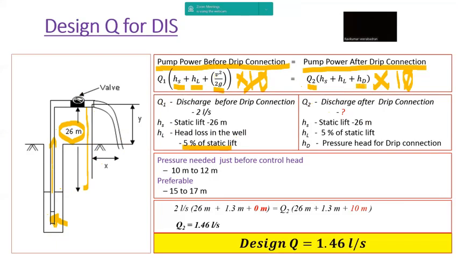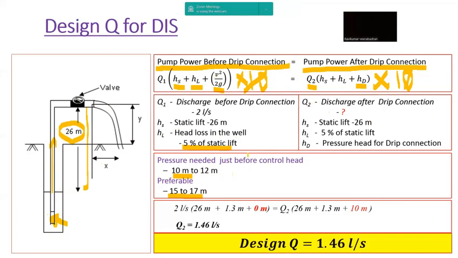Along with that, we have added one more term, the pressure head needed for drip system operation. Minimum we need 10 meters. That's what the Government of India recommends, that you need to have at least 10 meters pressure at the outlet. But if the drip irrigation system has to function well, if we have at least 15 to 17 meters pressure, our system will work very well.